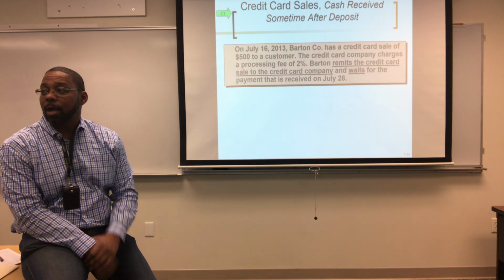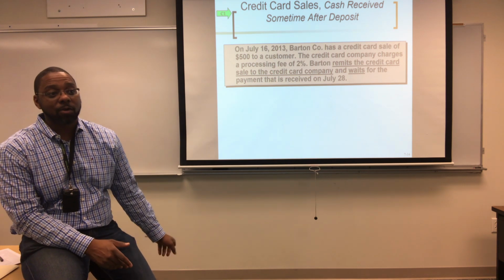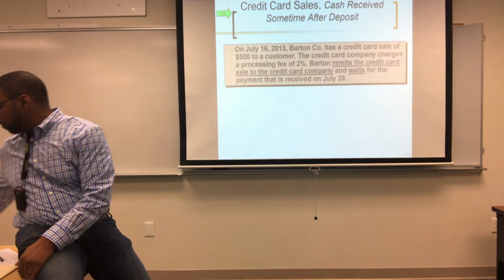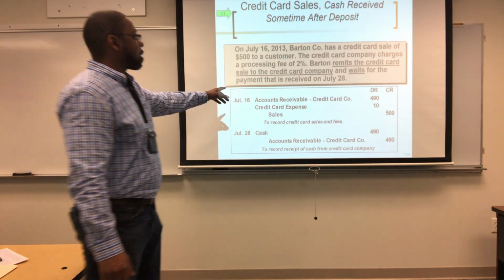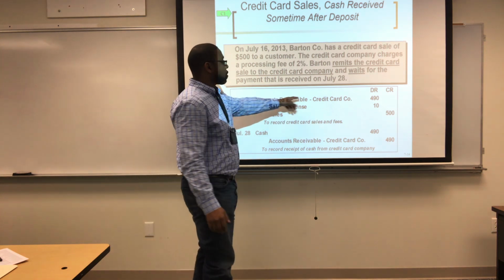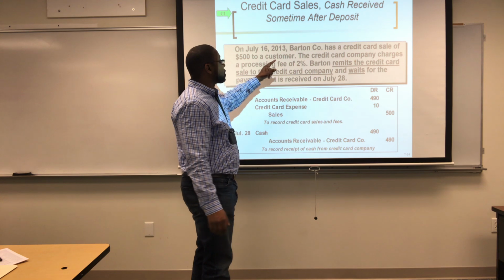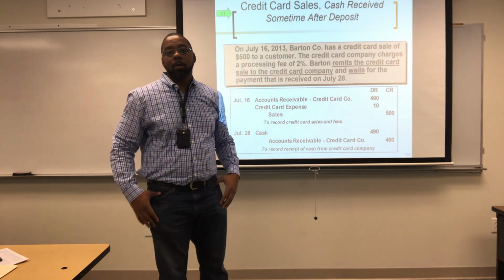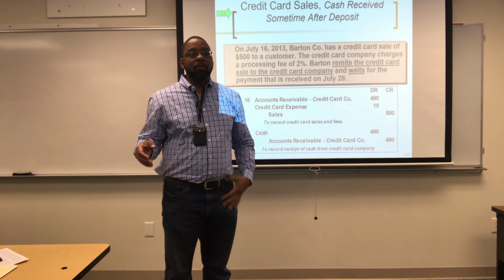With that delay in payment, we're no longer going to classify this transaction as a cash transaction, but an accounts receivable transaction. It'll look like that. Debit accounts receivable to the credit card company, right? Not to the client. The credit card company will have accounts receivable for that individual client.